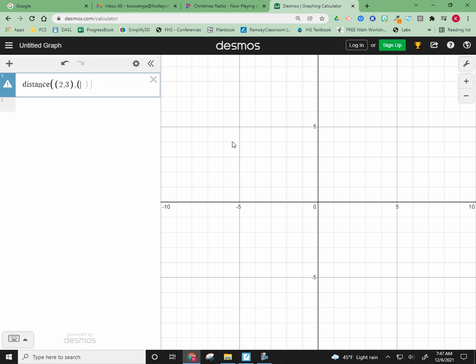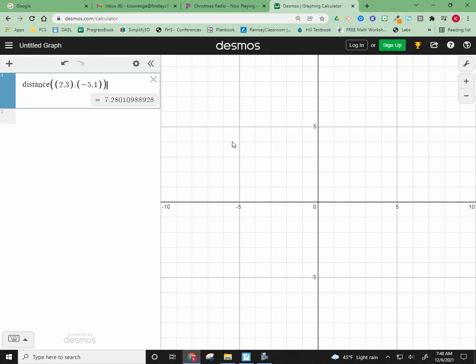So I'll just do like -5, 1. And you can see, you don't even have to close those two parentheses, and it's already giving you the length between those 2 points. So in this case, it's 7.28 for me. For whatever you typed in, it might be different, right? But we can use Desmos and the distance formula in order to find the length of each side.